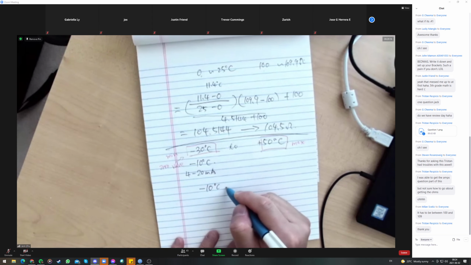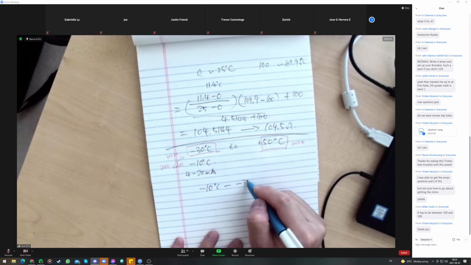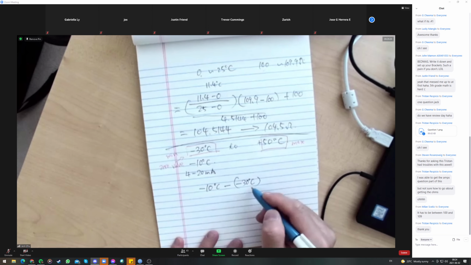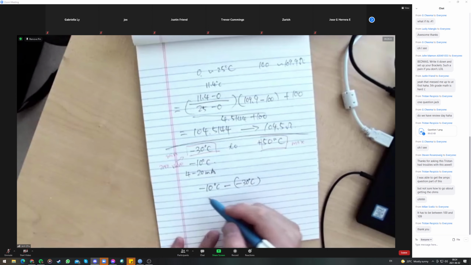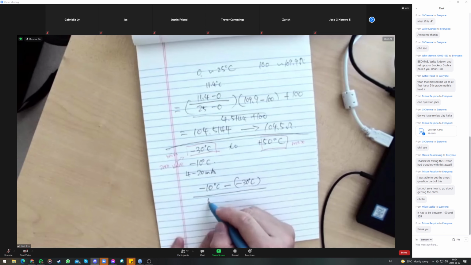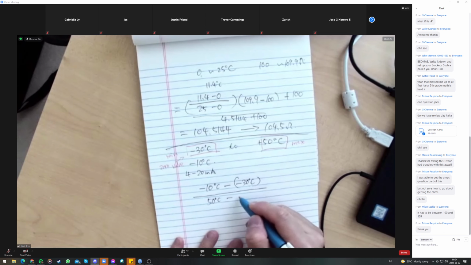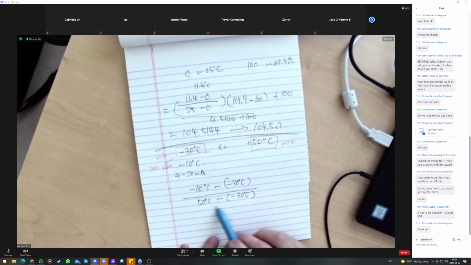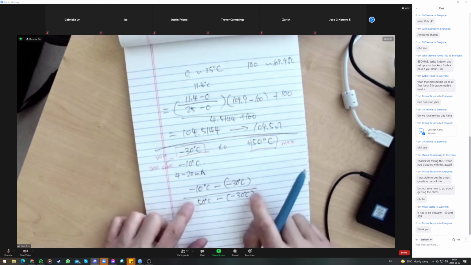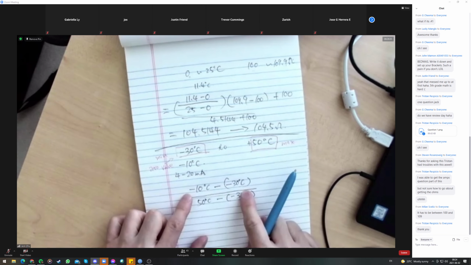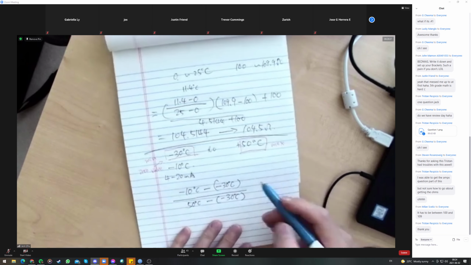So put this in your formula: -10 subtract -30, you have to put all the negative signs in there, over 50 subtract -30, right? So that will be the temperature range. That will be your actual measurement subtract the zero value.